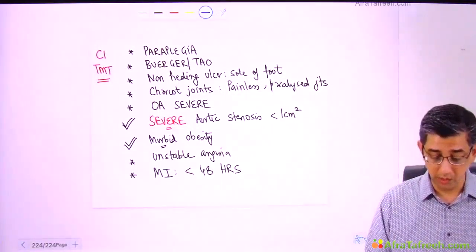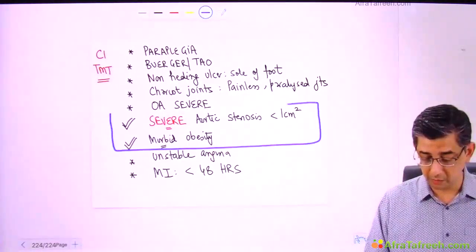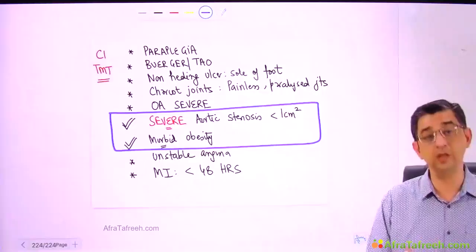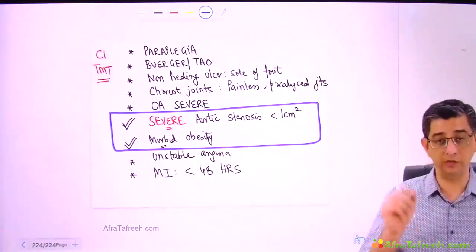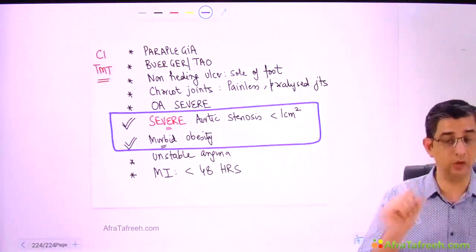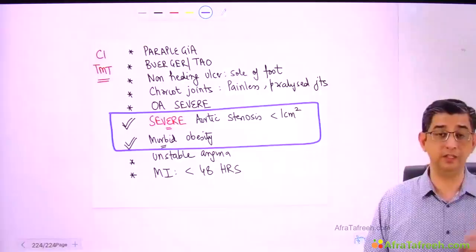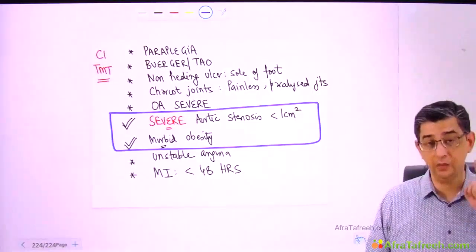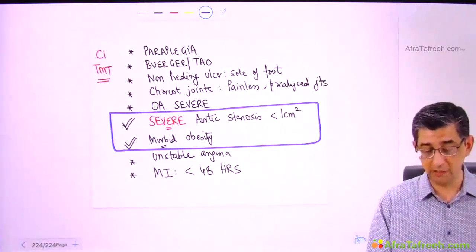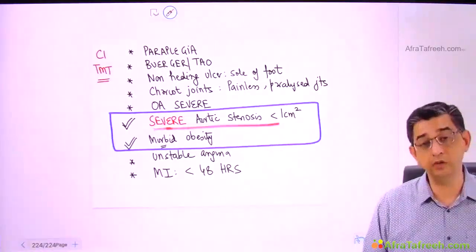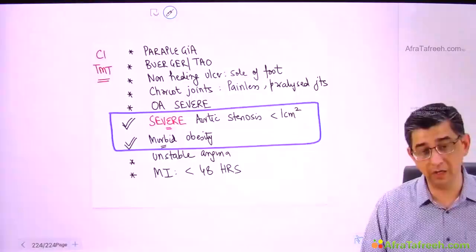So at least two that I want you to remember are severe aortic stenosis and morbid obesity. And the way I've written it, severe aortic stenosis is going to be answered as absolute contraindication. Obviously, all of these are contraindications, but if they ask you to select the worst out of these, then the one that you will always select in the exam would be severe aortic stenosis, an absolute contraindication for treadmill test.